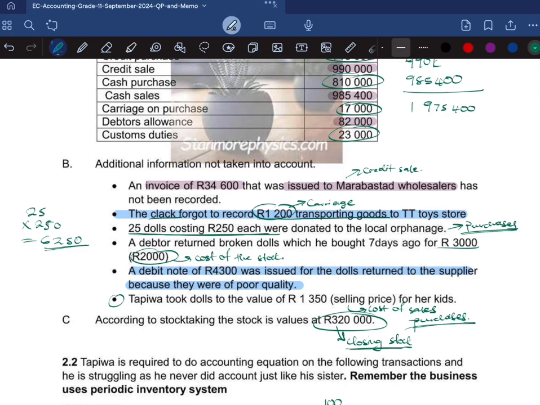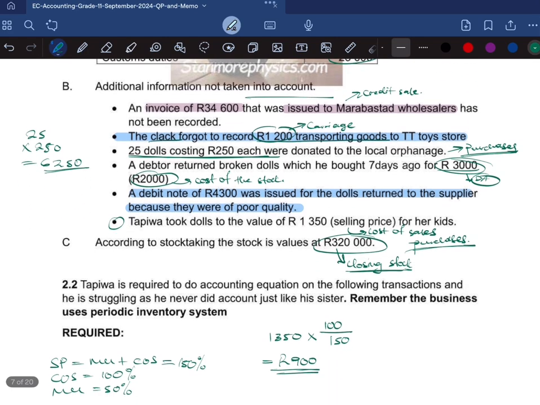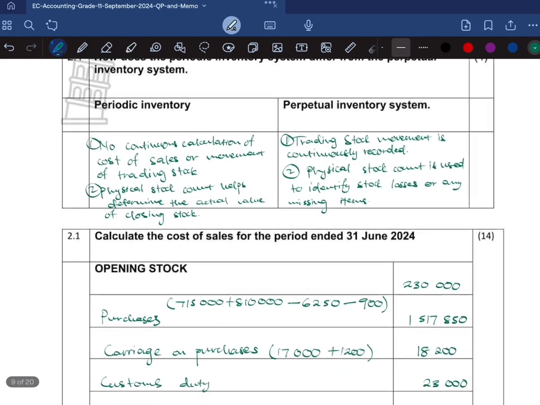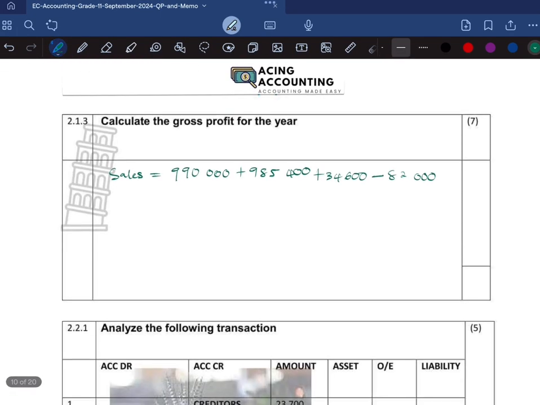So here, a debtor returned broken dolls which he bought 7 days ago for 3,000. So this is also going to form part of our debtors allowances, but it was not taken into account. So we need to subtract a further 3,000. So this cost of sales of 2,000 is just going to confuse you. So 3,000, right, minus 3,000.